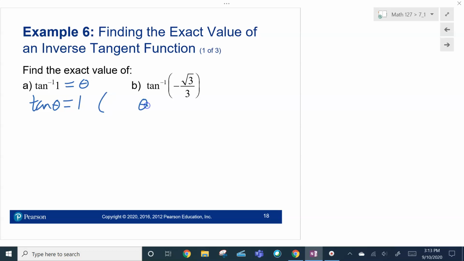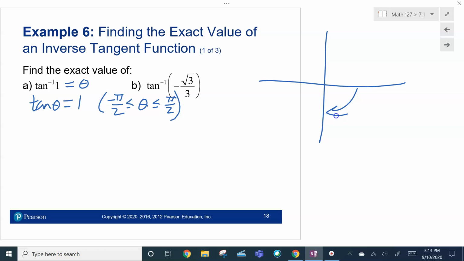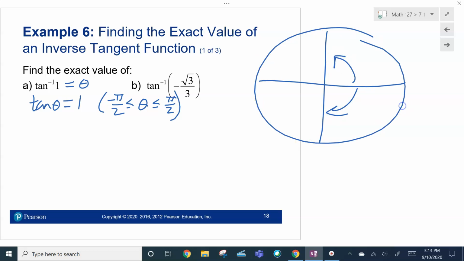Now remember, we restricted that tangent function, so I have to look between negative pi halves and pi halves on my unit circle for where my tangent is 1. In other words, the sine of what over the cosine of what will give you 1? Well, they have to be in quadrant 1, and the x and the y have got to be the same thing.